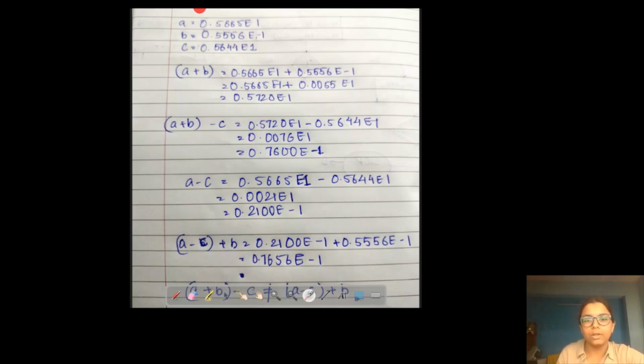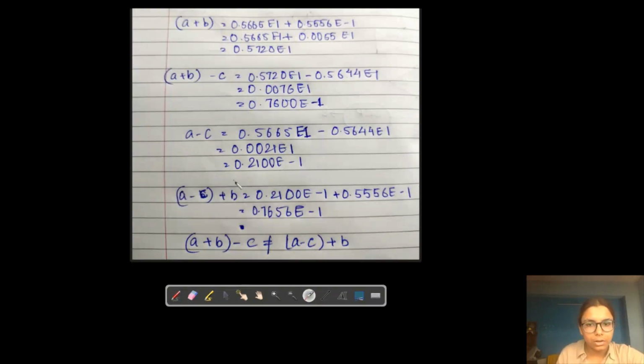Then to prove it again, I have done a minus c, and then a minus c plus b. And finally you can see that the values are not equal, and so the law is not working in this case.